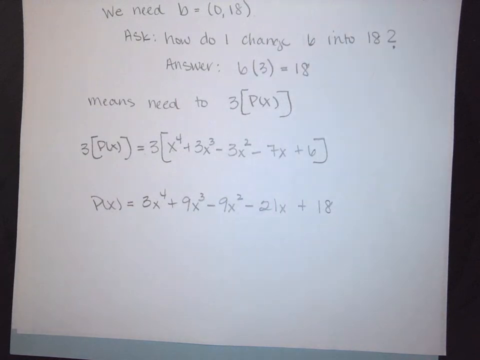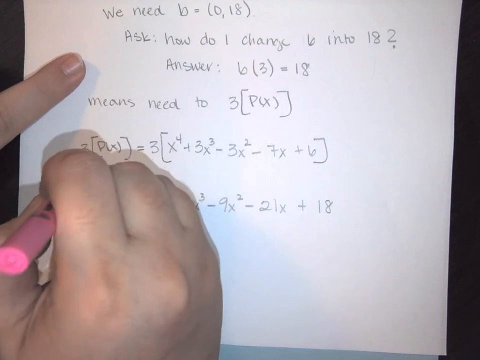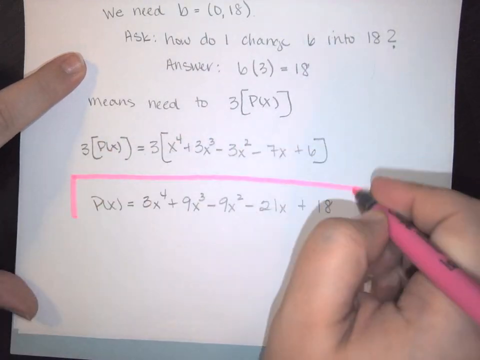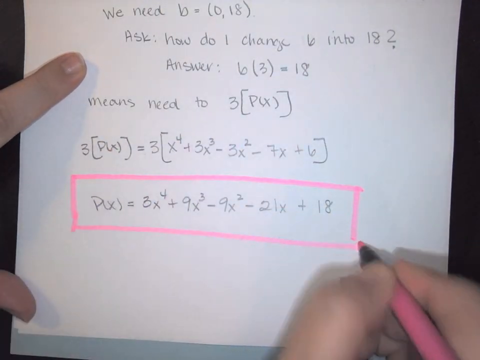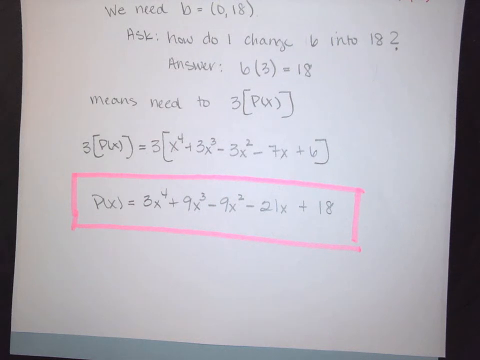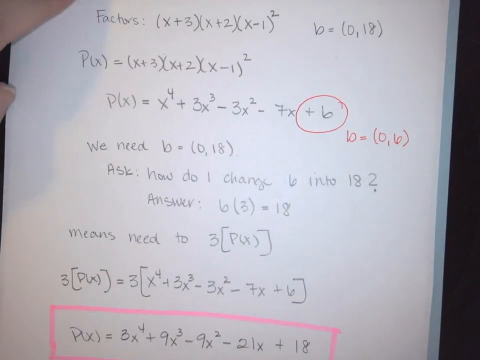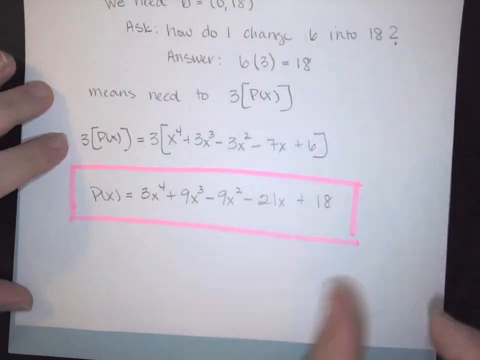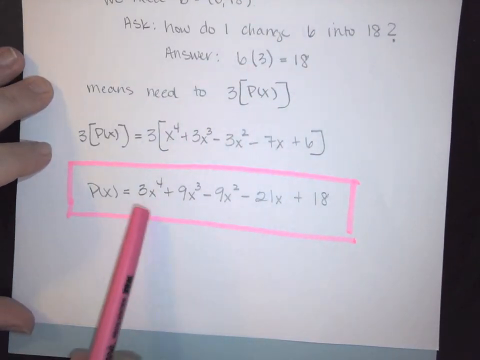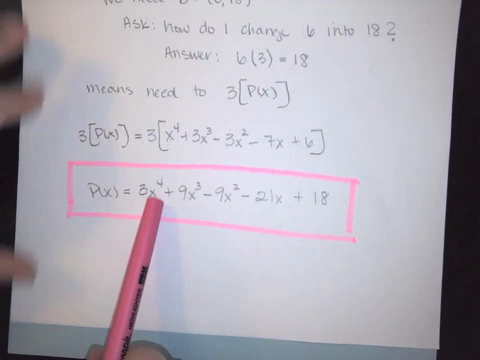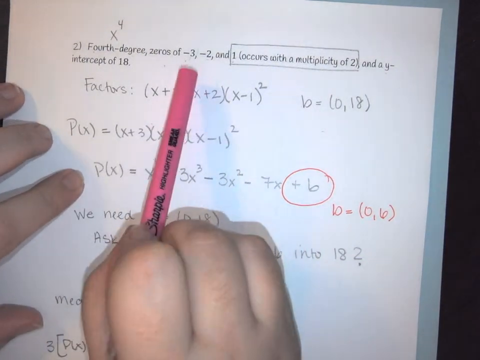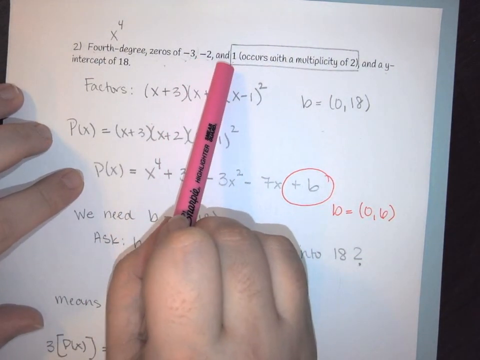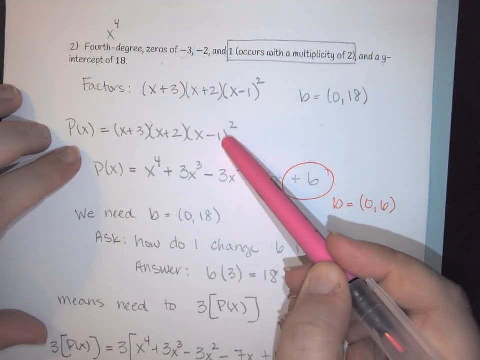Now that everything matches, this is my end result. What we have to look at is, first of all, I wanted a 4th degree polynomial. If you look at that, x to the 4th, check. I wanted to use these zeros, which I did.